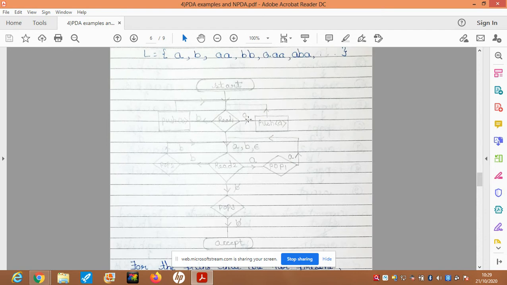For an odd length palindrome string, the central element would be an A or B, and for an even length palindrome string, we consider epsilon. The read one part takes care of the left-hand side of the string, because the algorithm is that we push all the symbols present on the left-hand side of the central element onto the stack.